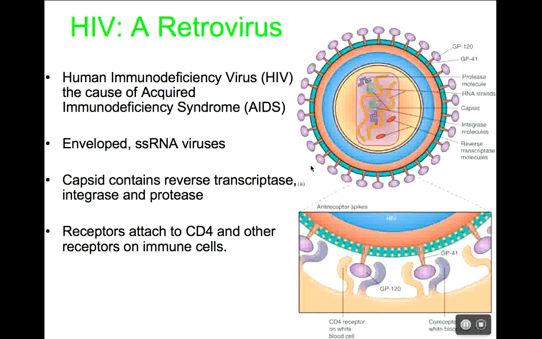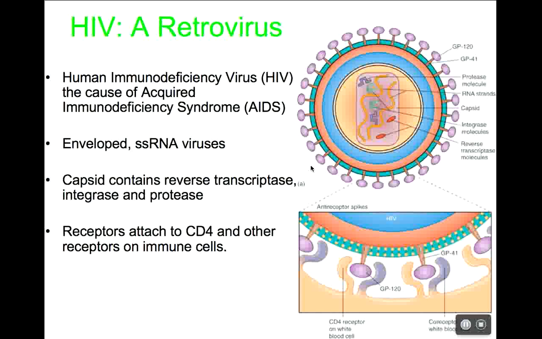And it is the cause of acquired immunodeficiency syndrome, or AIDS. So again, the virus itself is called human immunodeficiency virus, or HIV. The syndrome that it causes is called AIDS.